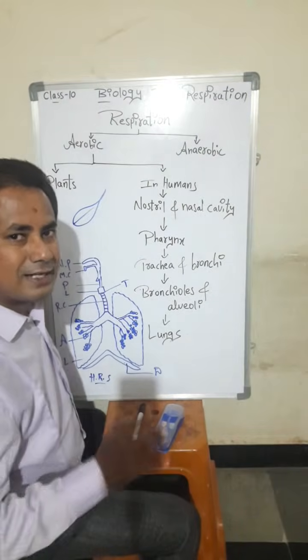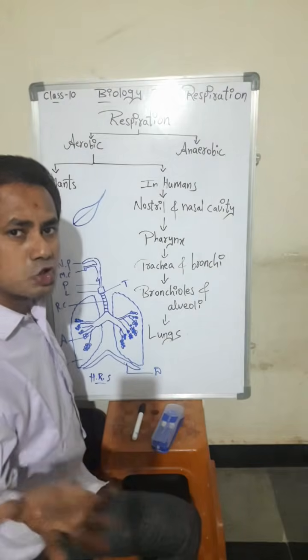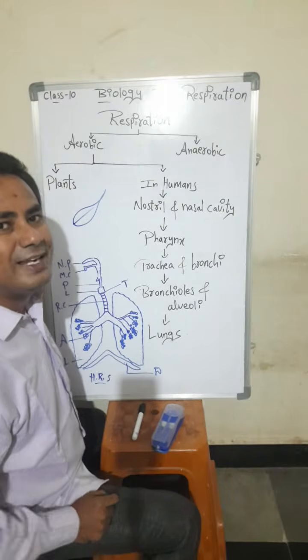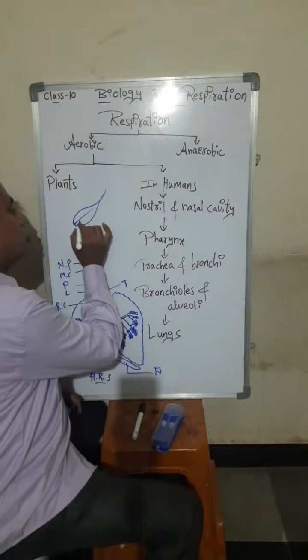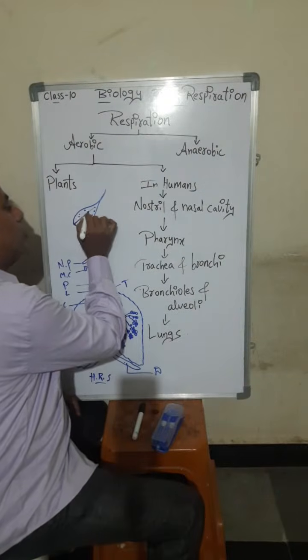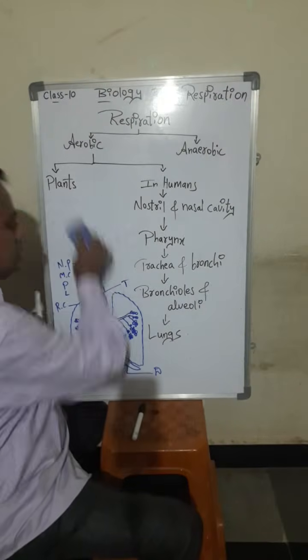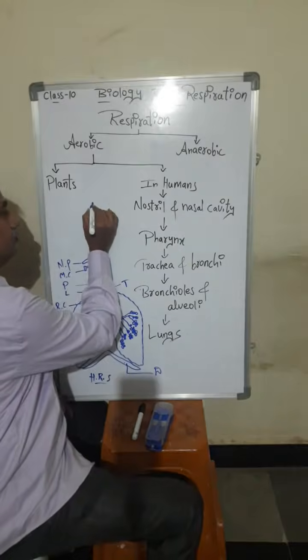In your class 10 the diagram is there for your examination. Stomata. What are stomata? The tiny pores which are present on the surface of the leaves. Below the leaves there are so many tiny holes. That is called stomata, and stomata are helpful for exchange of gases in plants.